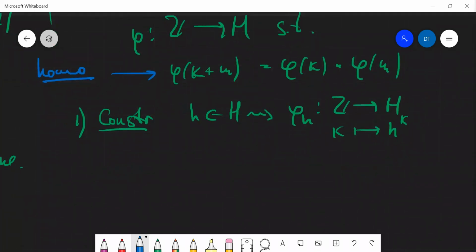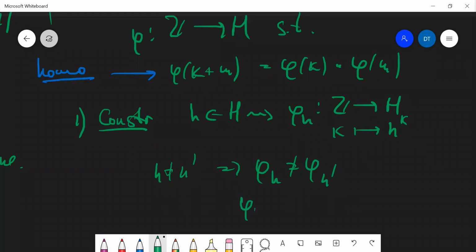Actually, there is one step I missed. If we have different elements, then these homomorphisms are different. What does it mean that the homomorphisms are different? It means that we're given different maps. How do we compare maps? Maps are different if they take some element to different elements.